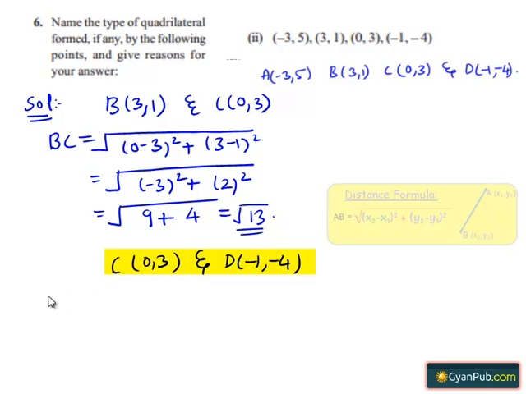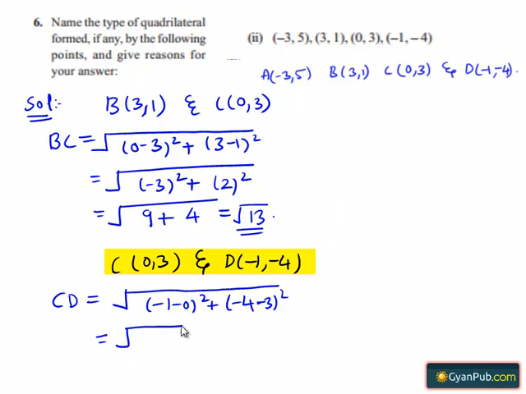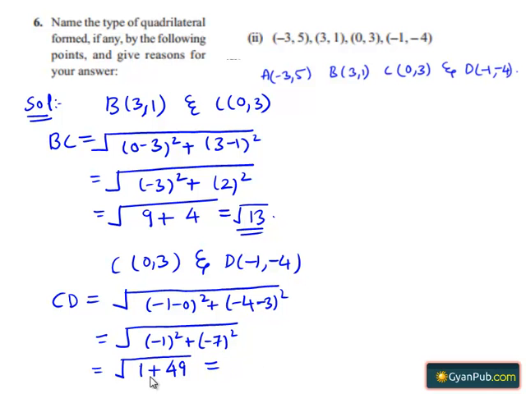By the distance formula, we get length CD equals under root of (-1 minus 0) whole square plus (-4 minus 3) whole square, that is equal to under root of (-1) square plus (-7) square, which is equal to under root of (-1) square is 1 plus (-7) square is 49, which is equal to under root of 1 plus 49, root 50.